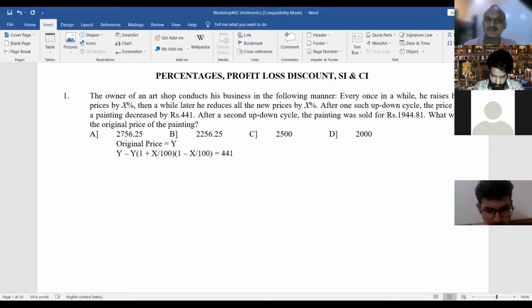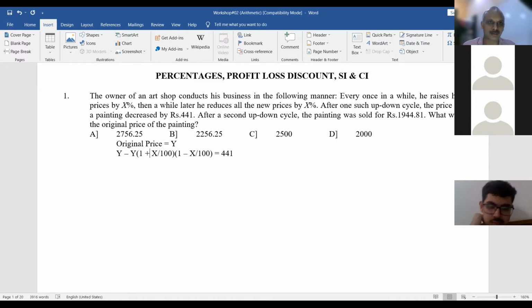What else? Sir, in the second one, we will take the square of this term, just 1 minus x, 1 plus x, in the second cycle. Okay, so for now this becomes 1 minus x square by 100 square. You can say that. Yes, sir. All right.